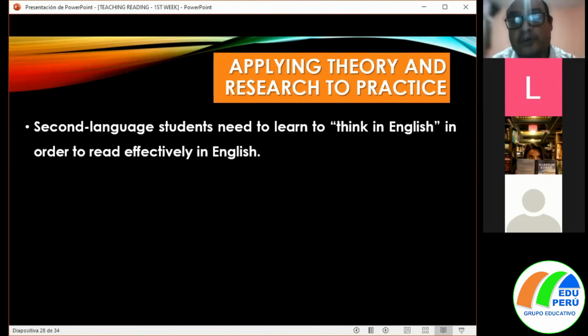This is very important. Sometimes when we give a test to our students, we focus more on the translation, no? That they could understand every word in the test. But this is not the purpose. The purpose is that we need to make our students think in English. And in that way, they are going to be better readers in English.